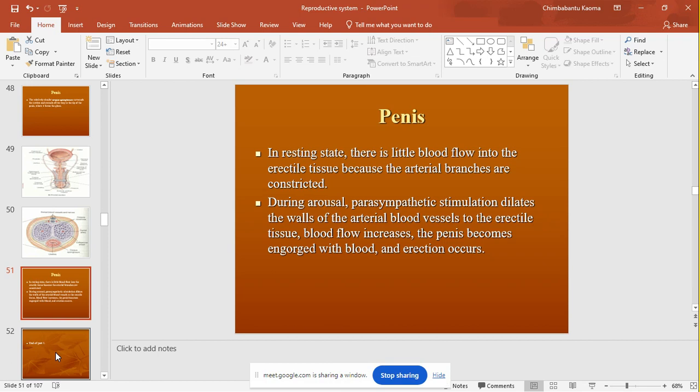Of course, we know that as you grow older and you get atherosclerosis in your blood vessels, or maybe you are diabetic, your blood flow is not so good, or your valves cannot retain the blood in your erectile tissue. This would lead to, or could explain, erectile dysfunction in patients such as this.